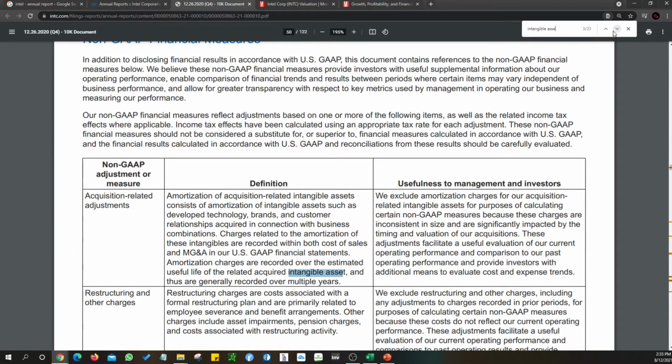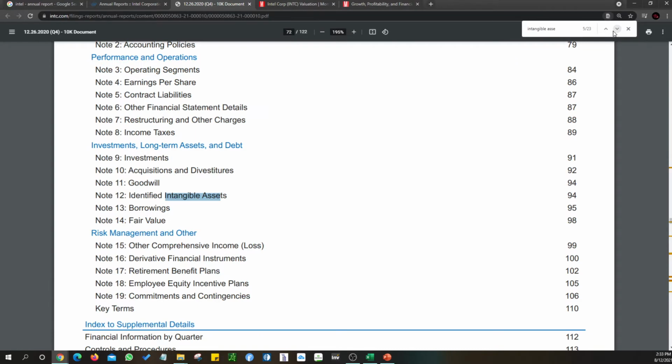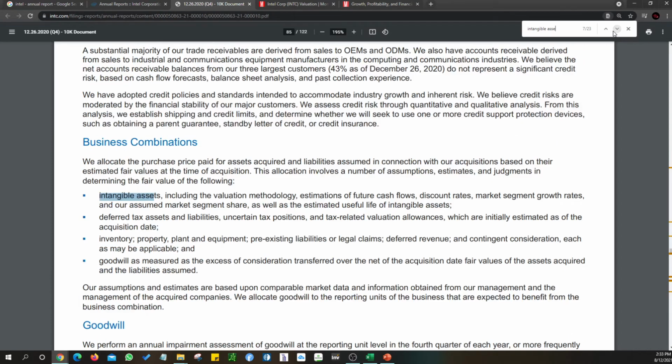Okay, the acquisition is also an intangible asset. Why do I say so? Because when you buy a company, you buy the company's IP. So talking about Altera, they have their automobile IPs, research, and copyright. So note 12 speaks in detail. So let's go on to note 12.